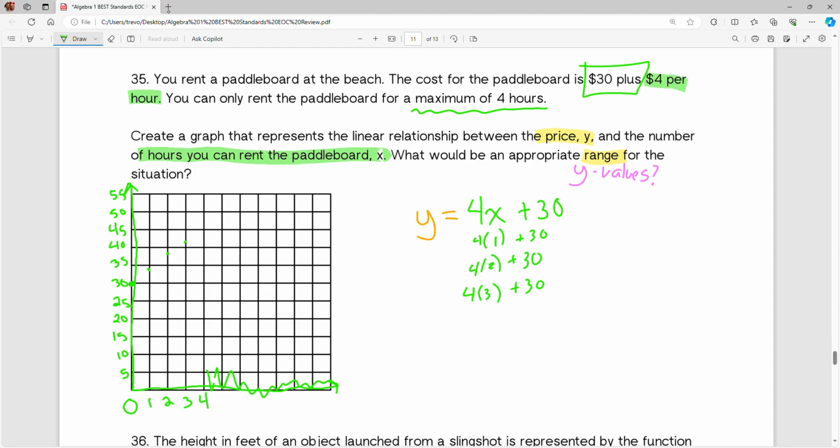Or you could rent it for the maximum of 4 hours, 4 times 4 is 16, plus 30 brings us up to $46. So at 4 hours, it's costing $46. So our range goes between $30 to $46.